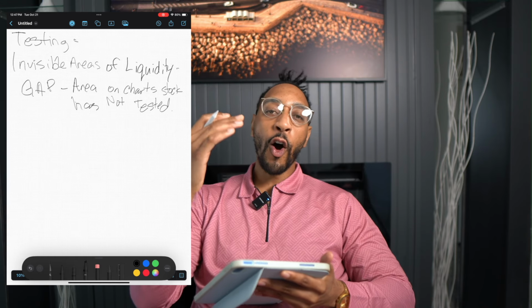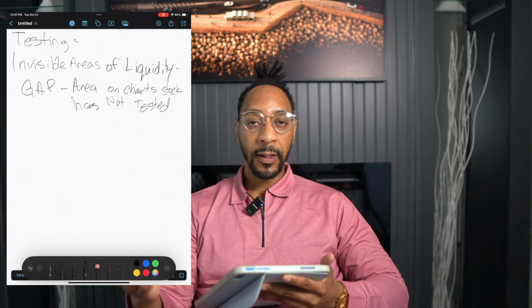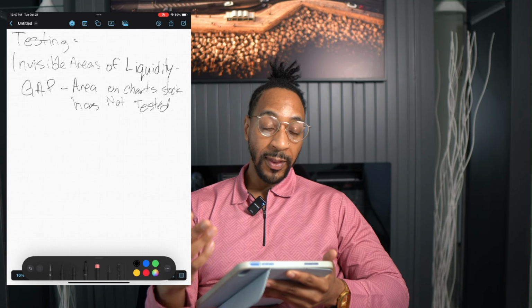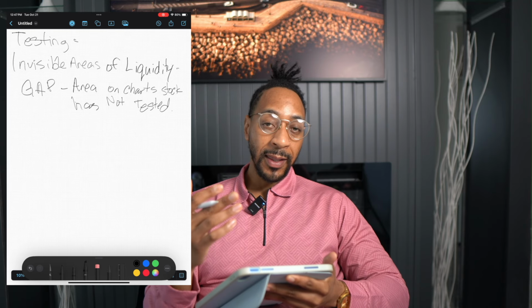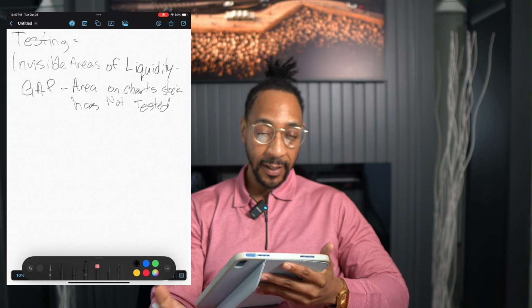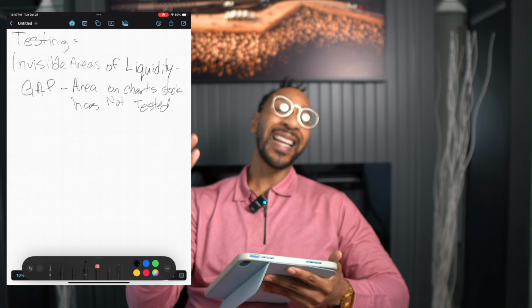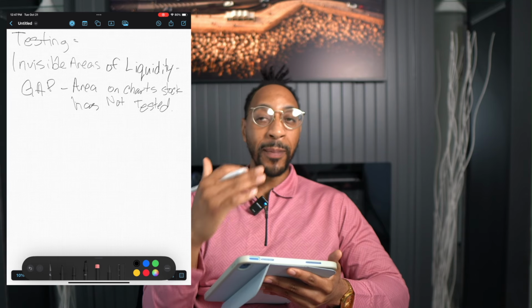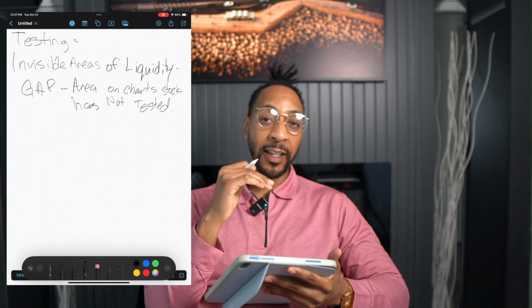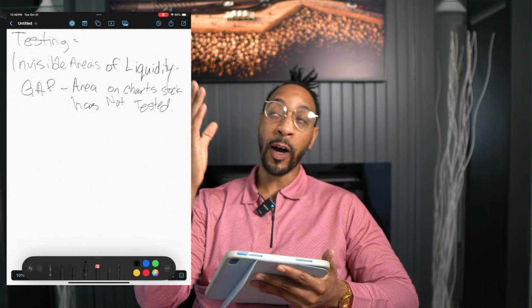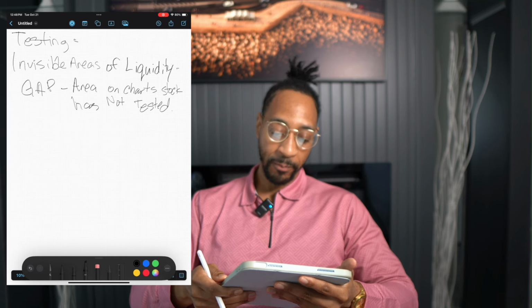If stocks are always testing and then we have gaps, that is an area that a stock has not tested yet. So if that is an area that a stock has not tested yet, what that means is that stock is more than likely to come down to that area or go up to that area, right?